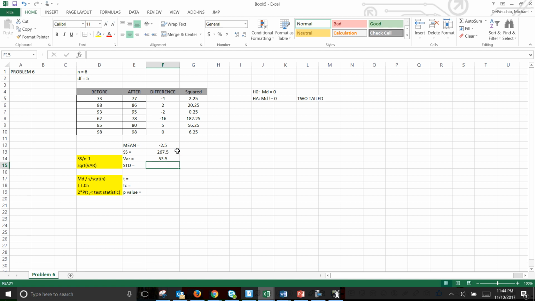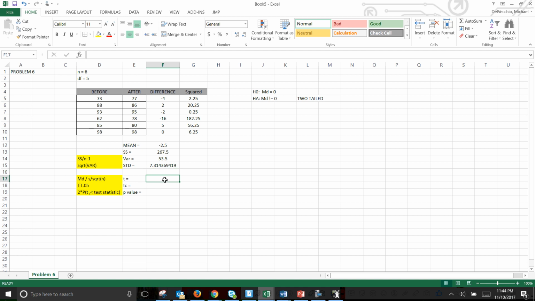All right. Now, to get the standard deviation, all we have to do is take the square root of the variance. Okay, so we get 7.134. And we'll also make note of that number because we'll see it again when I show you how to do this on the calculator. We'll check that all these numbers match up.